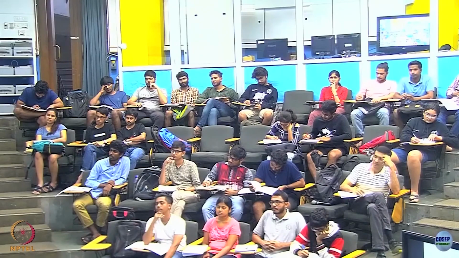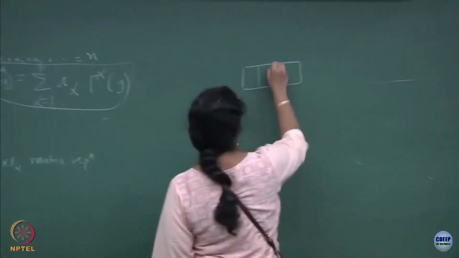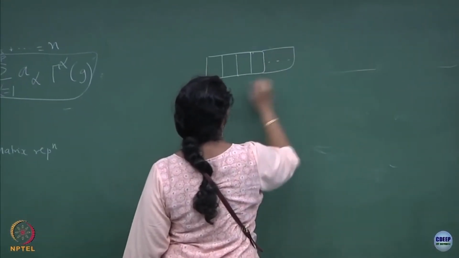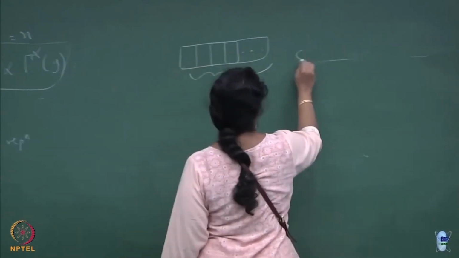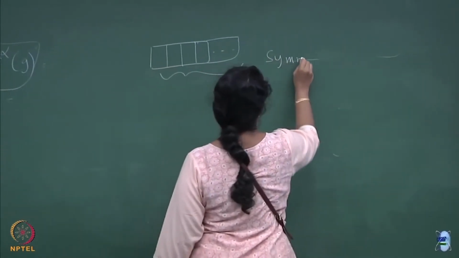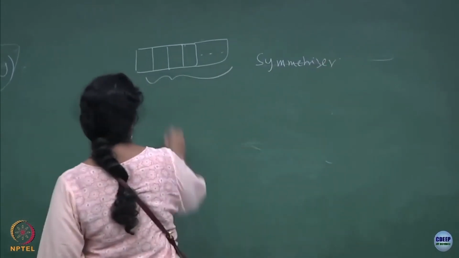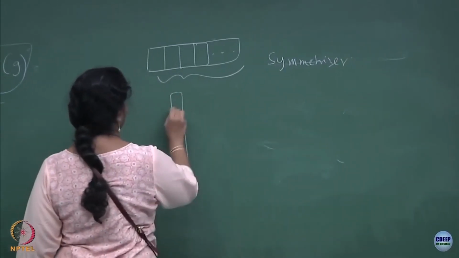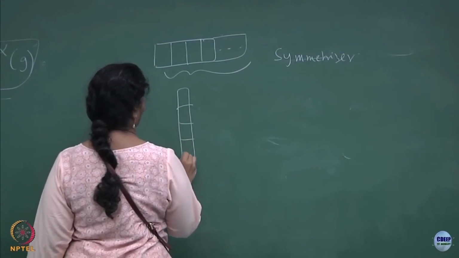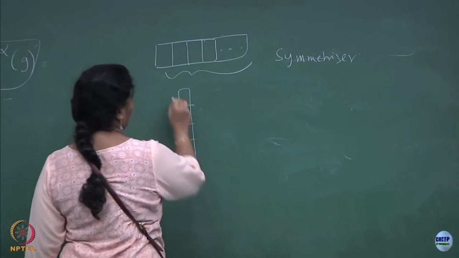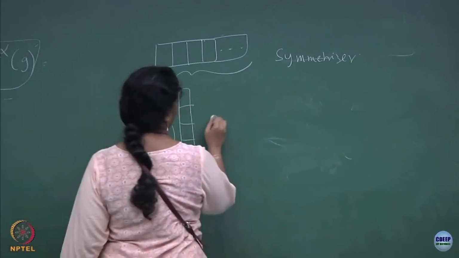So, this diagram is called symmetrizer. This diagram is called anti-symmetrizer.